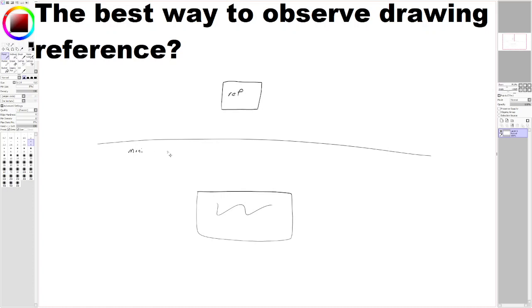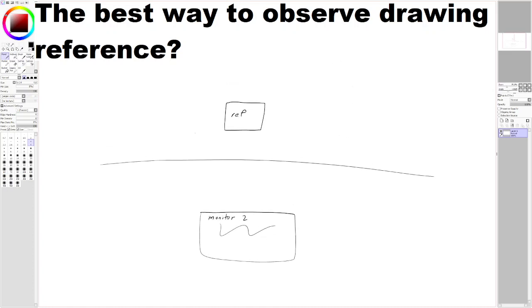Or actually, it would be better if I said that this was monitor 2. And let's say this whole thing is monitor 1. So you have your reference on monitor 1, you're looking at it, and you're drawing on monitor 2.